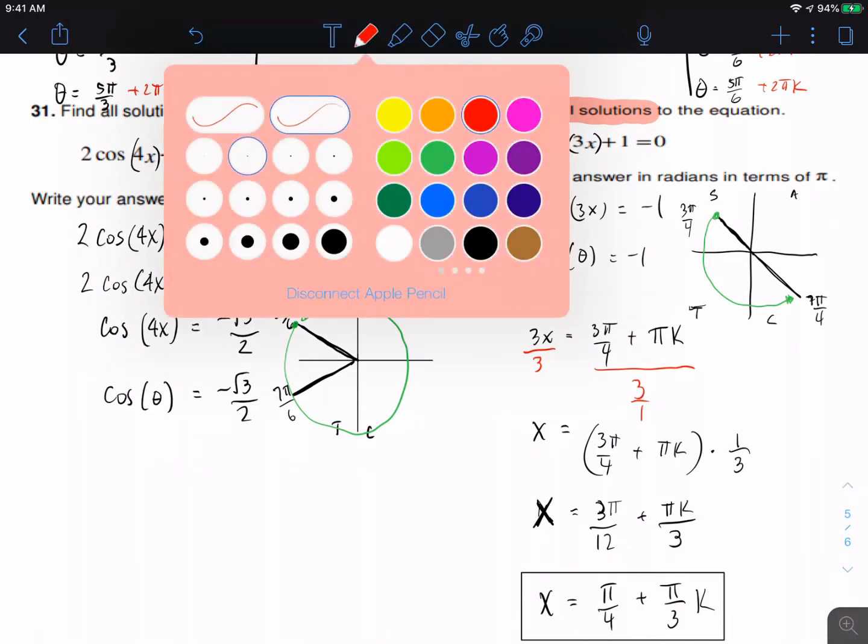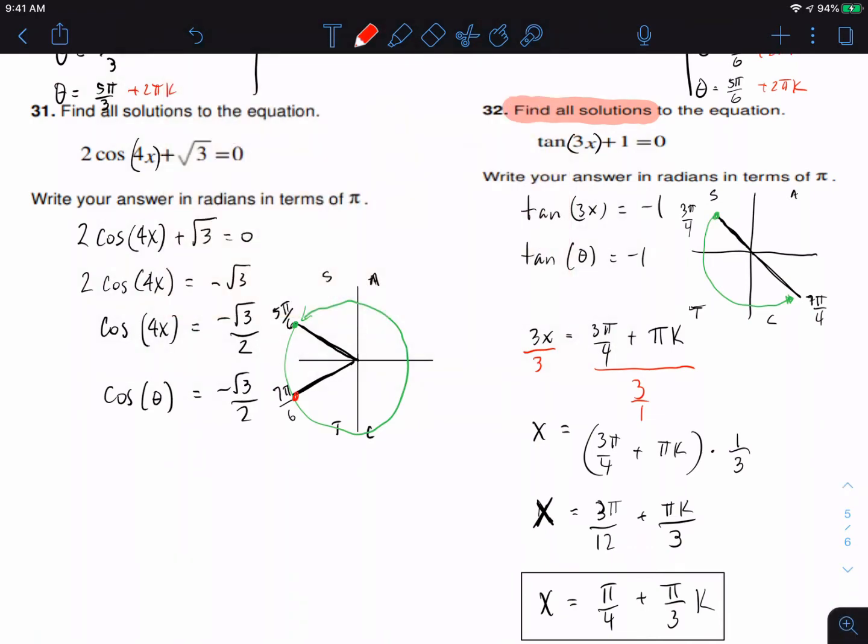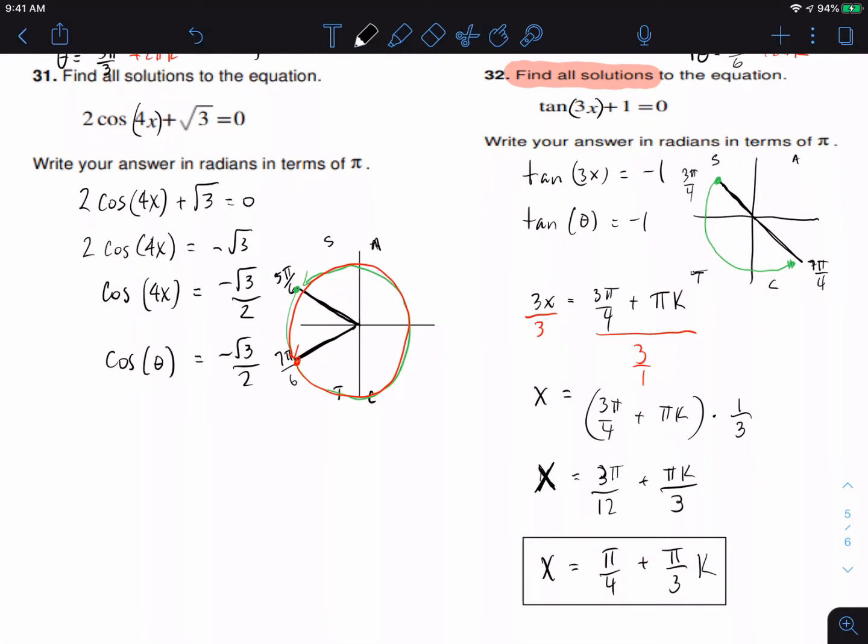Well, for the other one, in order to get back to there, I also have to do a full circle rotation. So that one also has a 2 pi rotation to it. So I have to have 2 separate answers in this case, instead of like number 32 where it was just 1. So I'm going to do this.